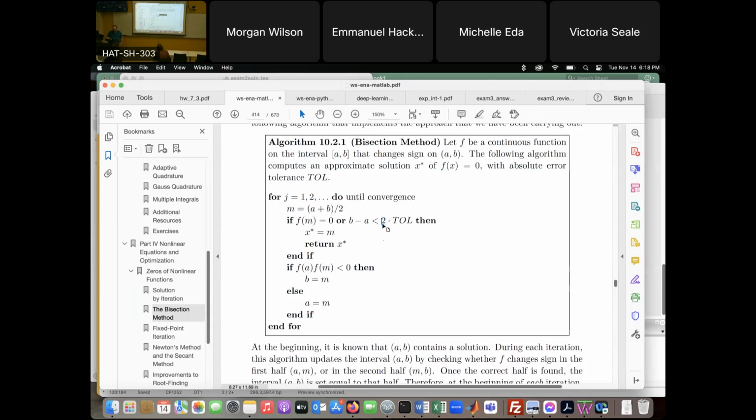So if you think of the midpoint as your iterate, then you can reliably say that the error in m is at most b minus a over 2. That's why I have this condition in the if statement. If b minus a over 2 is less than some tolerance, the maximum absolute error, then I might as well stop and say that my value of x star is the midpoint. That's my output.